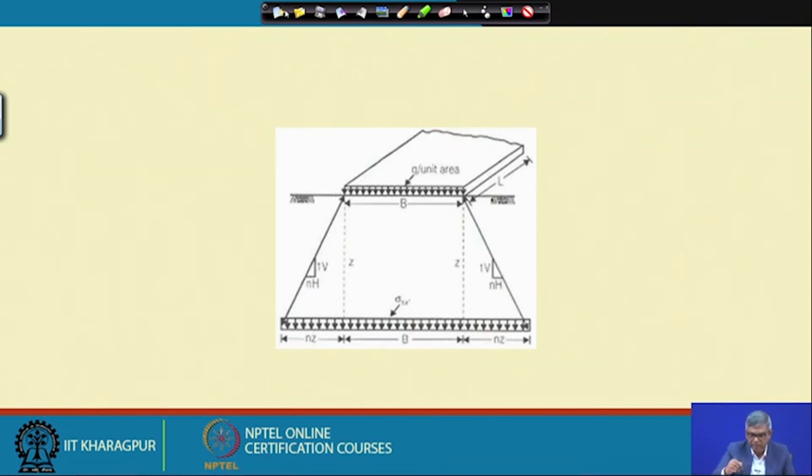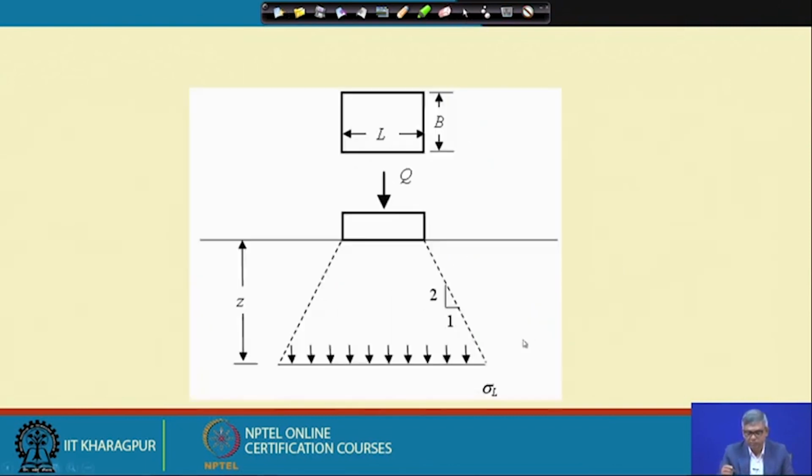I will show the next slide also. As I have told, this is one vertical, N horizontal; here it is 2 vertical, 1 horizontal. This is the standard thing we use, and if you use this, then this becomes B, this becomes B, and this becomes Z by 2, Z by 2.